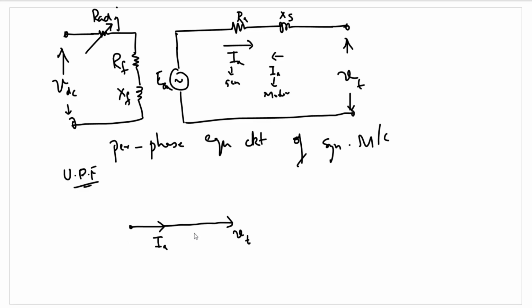Vt and Ia will be in the same direction. That means the voltage IARA will be in the same direction as well, and j times IAXS will be 90 degrees to this. So this here will give us the resultant voltage, that is EA. This is for the case of a unity power factor.